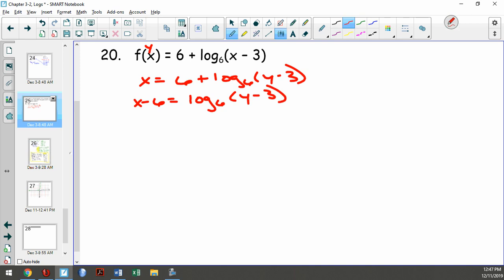Now how do I write this as an exponential? Now how do I solve for y? How do I solve for y?